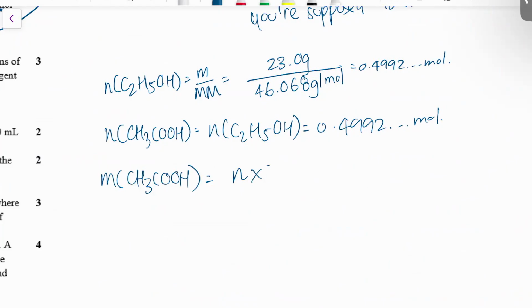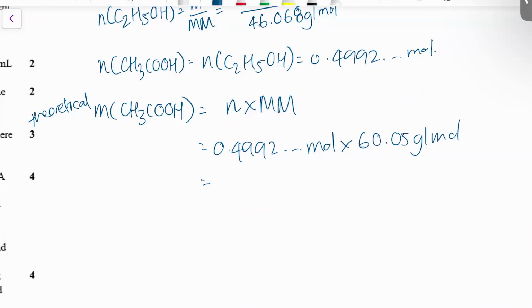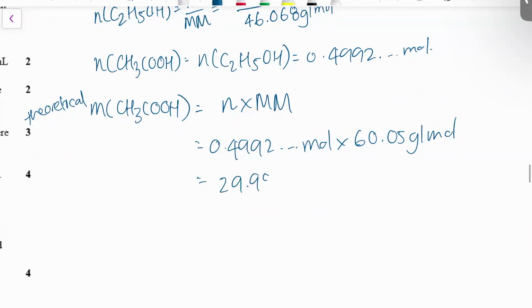I'm timesing by molar mass. 0.4992. This one is 60.05 grams per mole. And what's the theoretical mass of the acid? 29.98. Thank you.